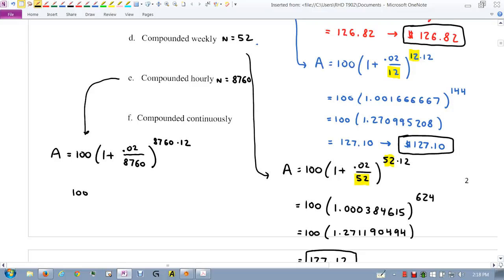So 100, 1 point, how many zeros is that? 5 zeros, 1, 2, 3, 4, 5 zeros, 22831. We're raising that to the 105,120th power.